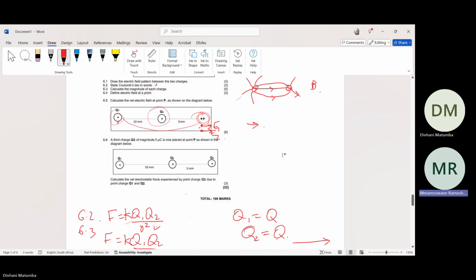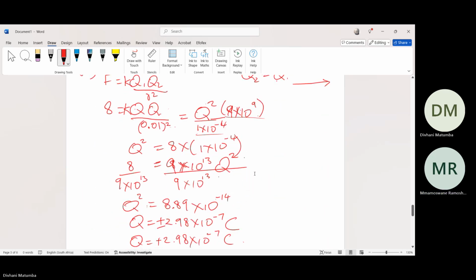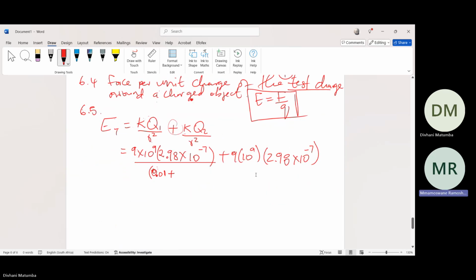What's the second one? It's going to be 5 times 10 to the power negative 3. Okay, can you write it?